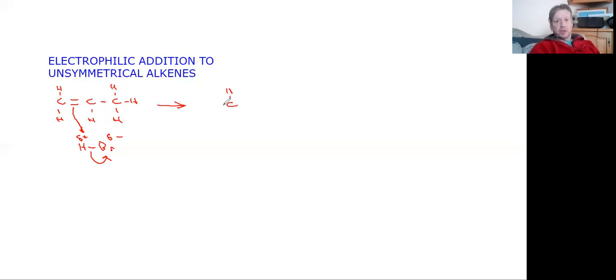So now there's 3 on the first carbon. Now what that means is we're going to get what's called a carbocation, because the double bond's gone. And we've added a hydrogen. We've made a covalent bond between this carbon and this hydrogen.